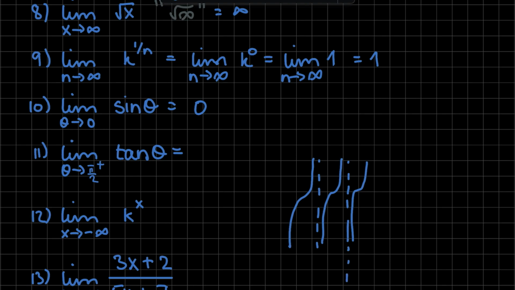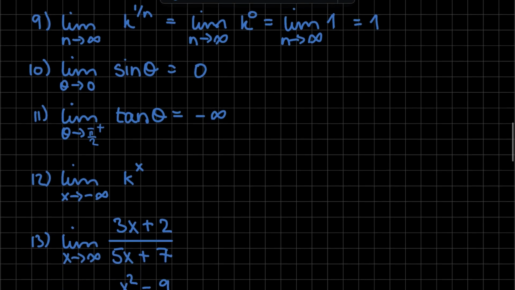And one of these asymptotes is at pi over 2, but we're approaching it from the right side, so that would be in this area here, and we can see that the graph just tends to minus infinity. So sometimes it's useful to think of the graph and maybe sketch it in order to help you evaluate limits.